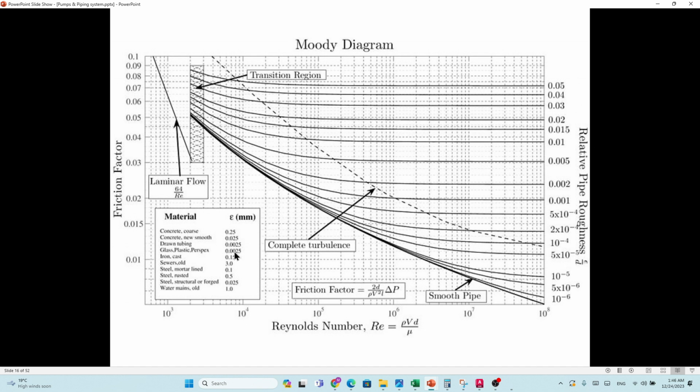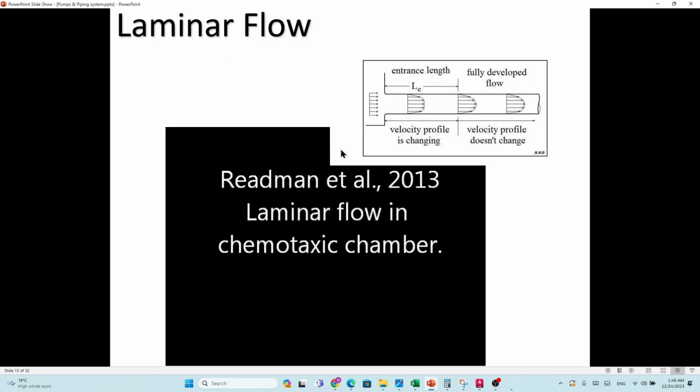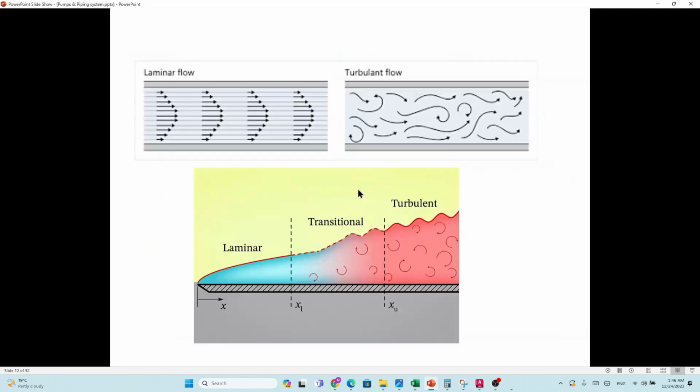But if you have a flow more than 2300, we have fluctuations in the flow like this. So the behavior of the friction factor with respect to pipe roughness is like this for a smooth pipe. For complete turbulence, the behavior is like this. And you have a behavior in between, in the transition phase. Okay.